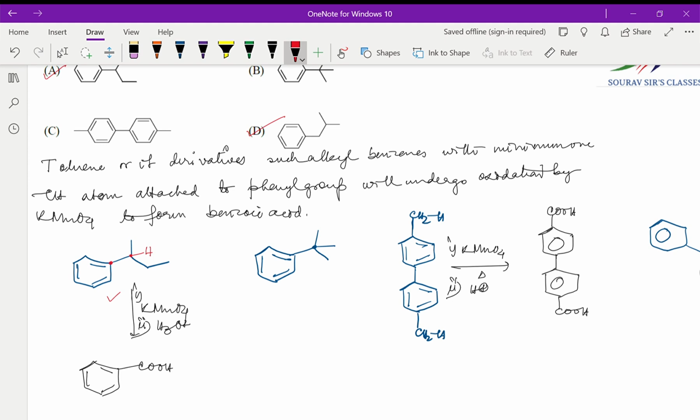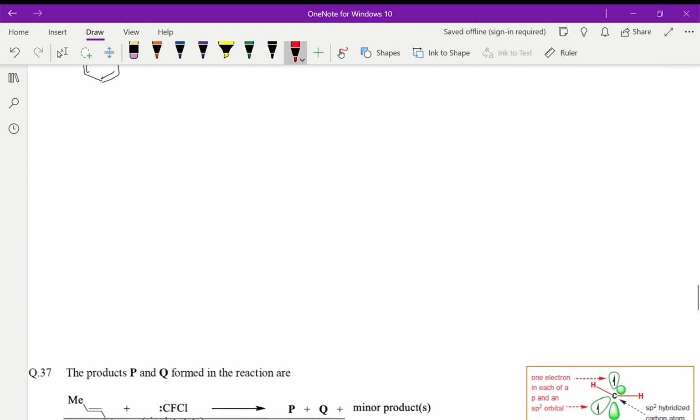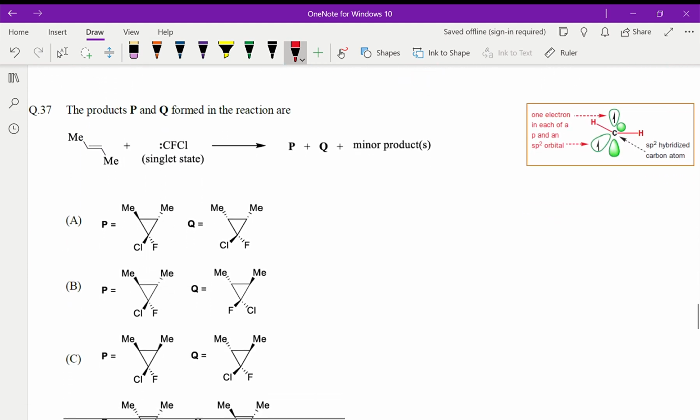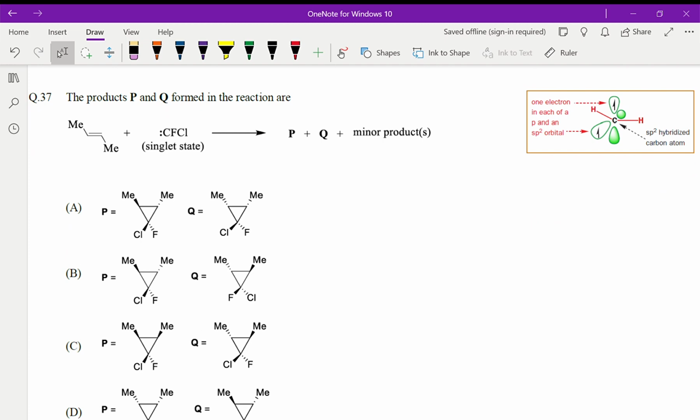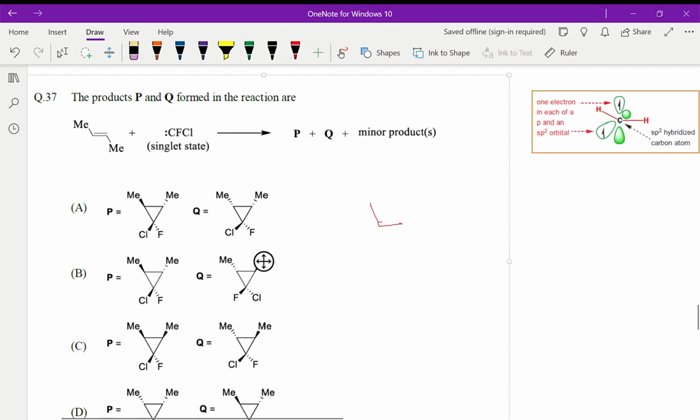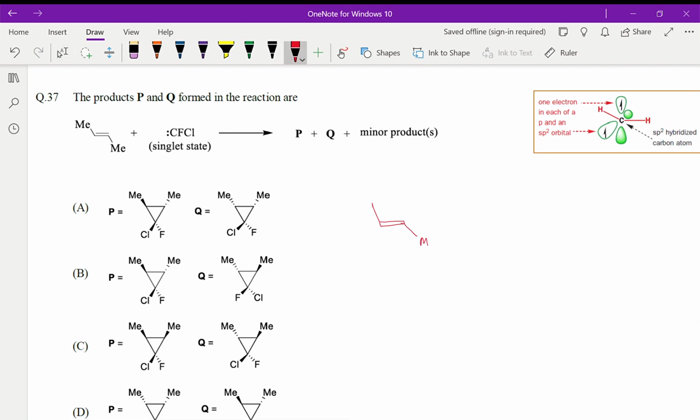Now in the next question, it has been given the products P and Q formed in the reaction. We have been given a trans butene here, and it mentions that this particular CFCl is in singlet state.